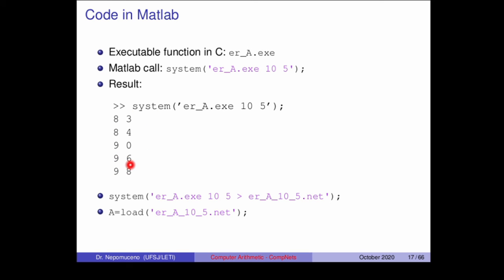It's important to realize that inside the MATLAB environment you have to add 1 to these results, because in MATLAB the index of a vector starts from 1, while in C it starts from 0. You can also use system like that to put the result in a file and use the command load to get those results into the variable A.